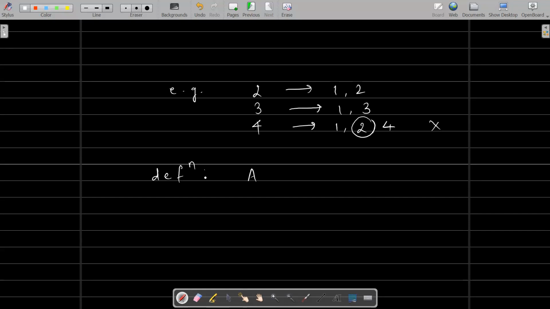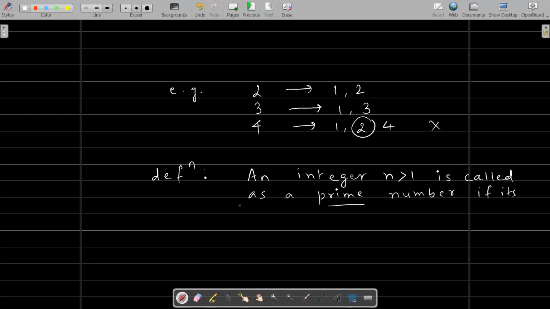An integer n greater than 1 is called a prime number if its only positive divisors are 1 and n itself.